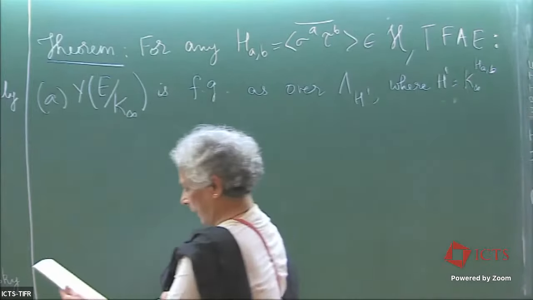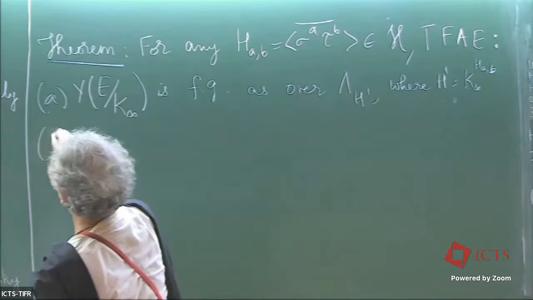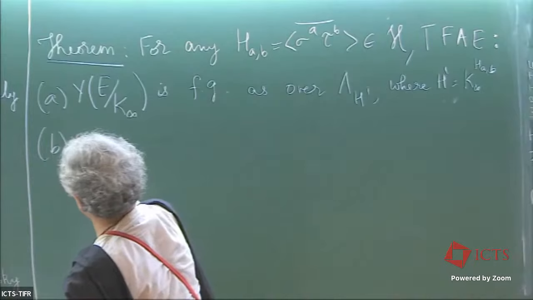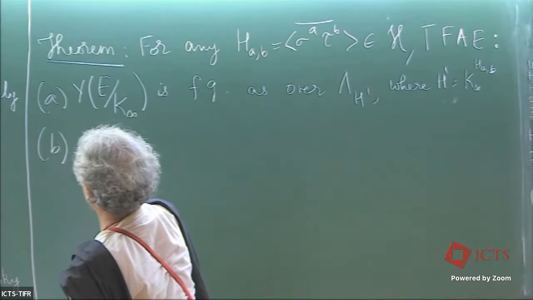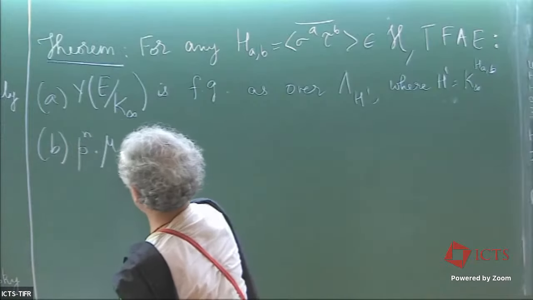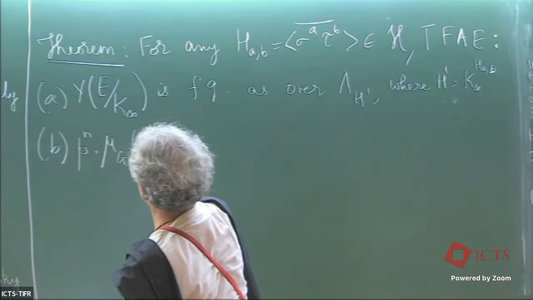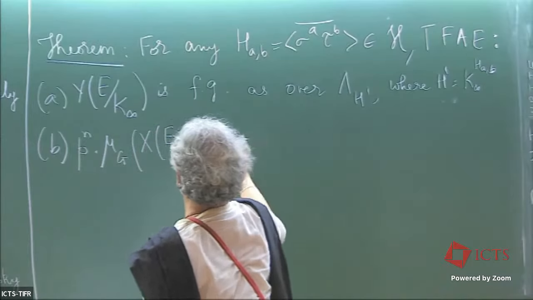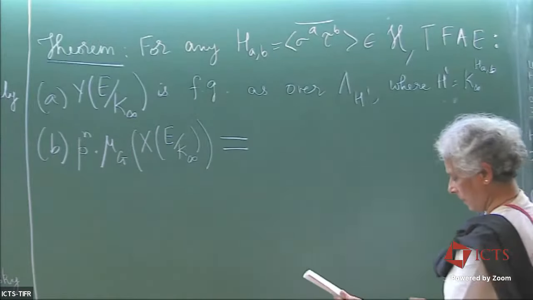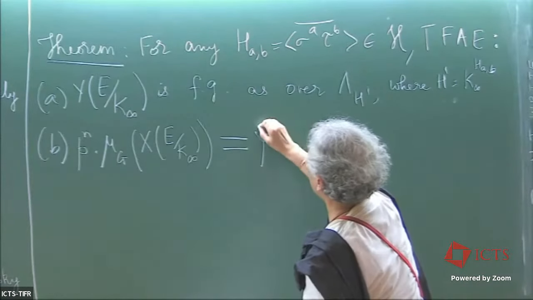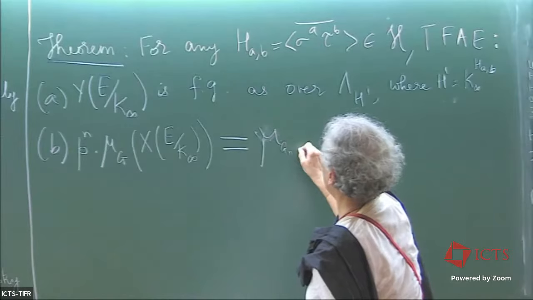So if that is finitely generated, then this translates to a very systematic behavior of the mu invariants. p^n times mu_G, the mu invariant of the Selmer group X(E/K_infinity), this is in fact equal to mu_{G_n mod H_n'}.